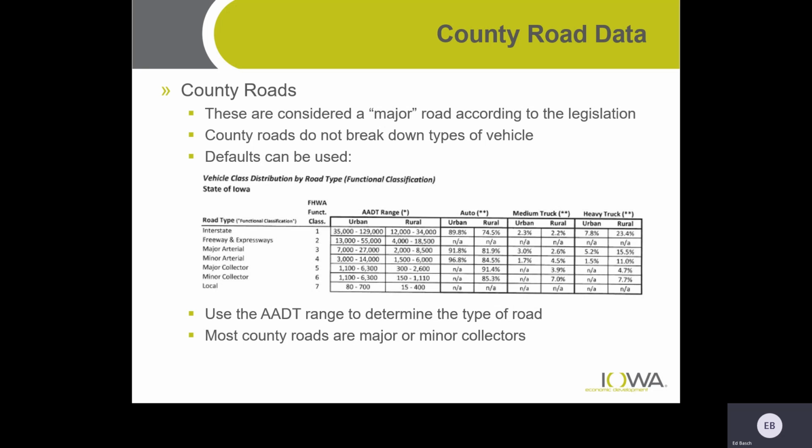Now, in terms of this chart, unless it's a county road, I would say that the bottom two, minor collectors and local, I would not particularly be concerned about, because the noise generated from many of those, unless it's extremely unusual, is not going to be a factor in your environmental review. But even if it's a minor collector, if it is a county road, then you still have to consider it.